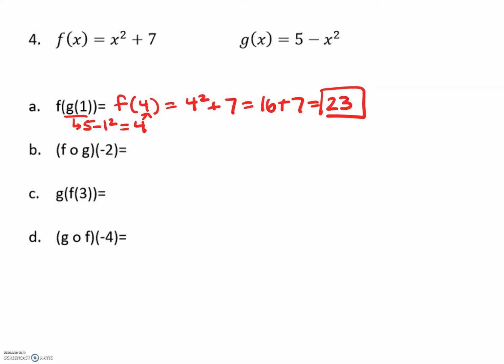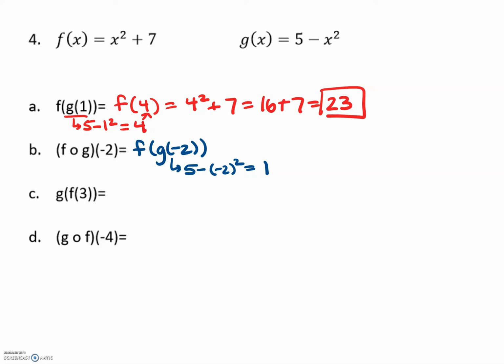Now let's look at part B. Part B is in our f of g form, so we want to rewrite it. So f's going to be on the outside. G of negative 2 is going to be on the inside. Again, we want to work inside out. So I'm going to find g of negative 2 first. So I'm going to say 5 minus negative 2 squared. What is 5 minus negative 2 squared?